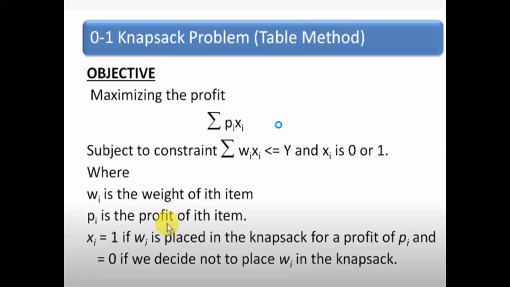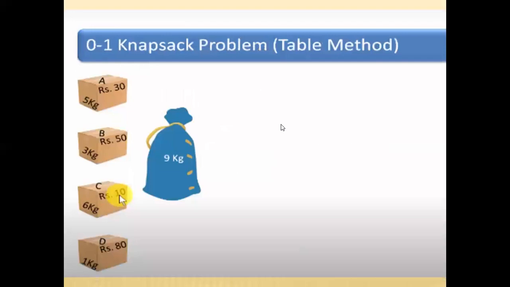The difference between the knapsack problem in the greedy method and in dynamic programming is that in the greedy method, a portion of the object can be placed in the knapsack. In the 0/1 knapsack problem, the full object is placed in the knapsack; a portion of the object cannot be placed.